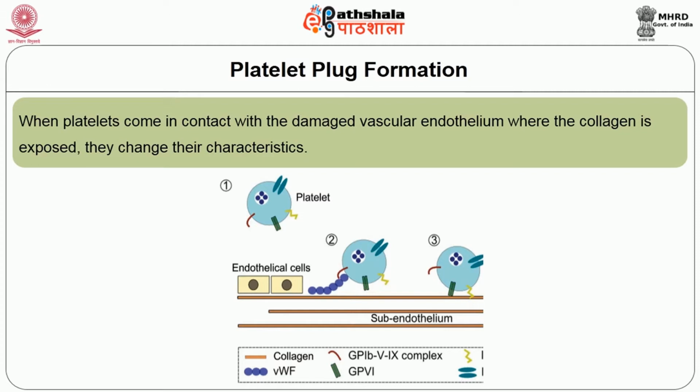Now, the ADP and the thromboxane which is present in the platelets and the nearby area will act on the other platelets which are present in the blood, and it causes them to adhere to the previously adherent platelets. Now, more and more platelets will come and adhere there, and they form a platelet plug which prevents the blood loss.